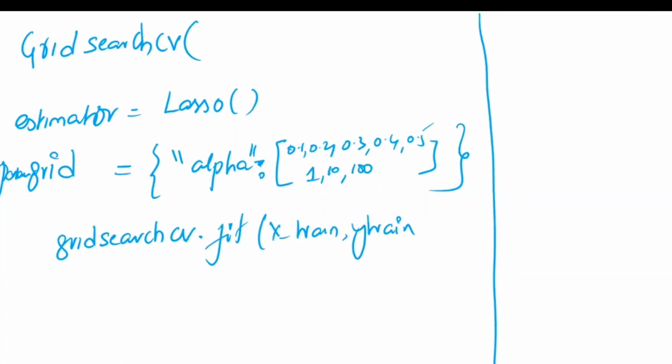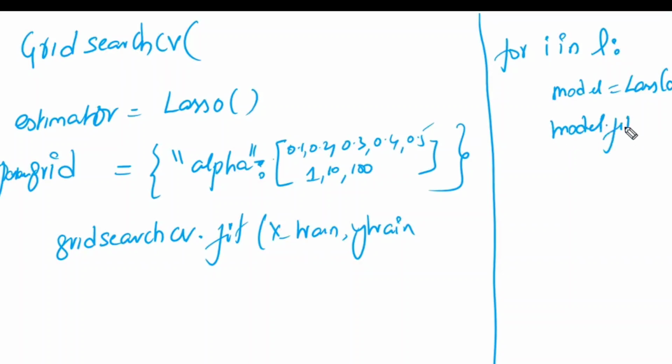Now, what happens when you have written like this? What happens in the backend? It is going to take, for i in whatever list you have provided here, each value as a temporary variable. It creates model is equal to Lasso with alpha is equal to the i value, and this model is fit on X train, Y train.